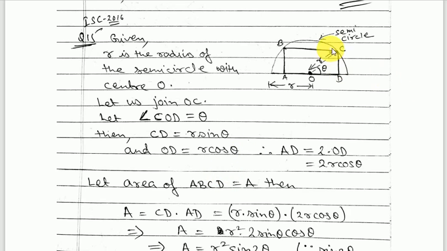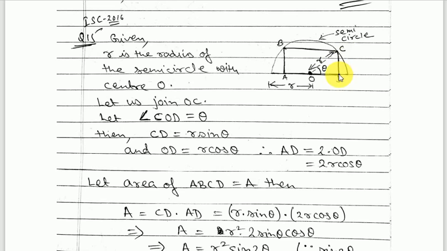If you have a bit of confusion about how CD became r sin theta, you know that this is perpendicular and this is hypotenuse, so perpendicular upon hypotenuse will be sin theta. Your perpendicular is CD, so CD upon r is equal to sin theta, so CD is equal to r sin theta. So we got CD and OD.